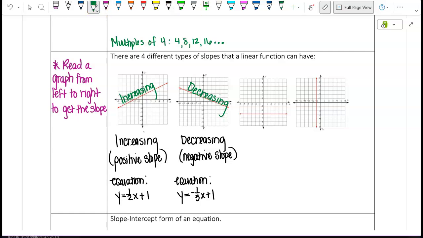The third one, this is a horizontal line. And we will talk more about its particular slope. I just at this point want you to recognize that it's a horizontal line. And its equation is y equals negative 3.